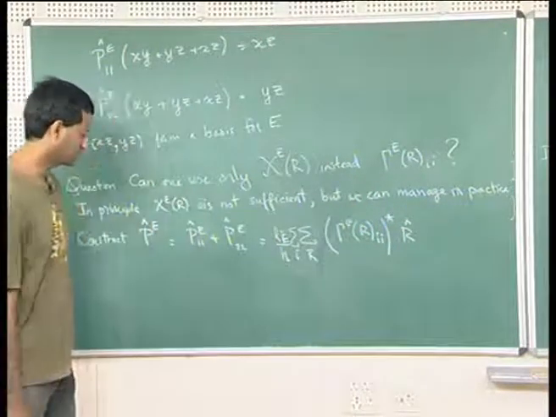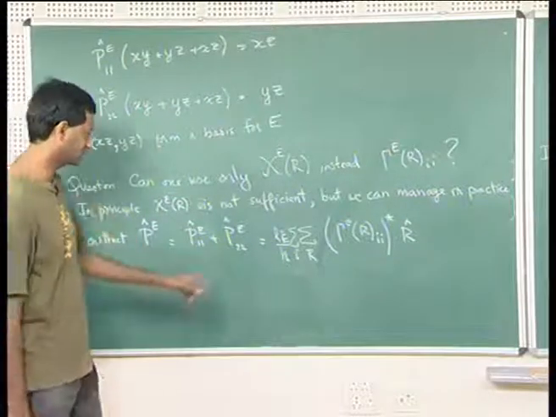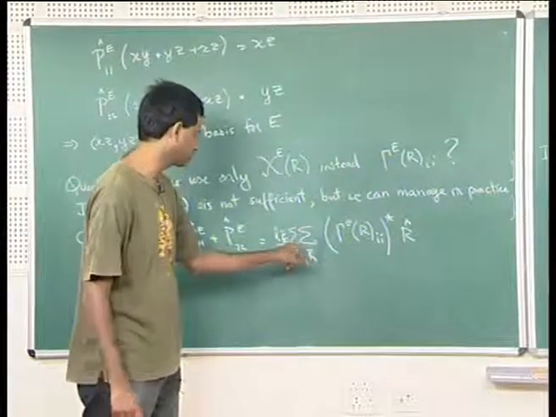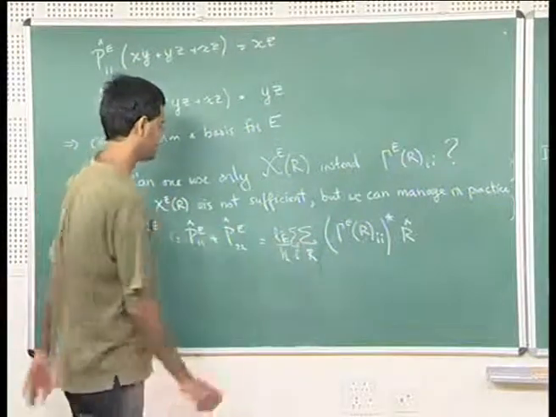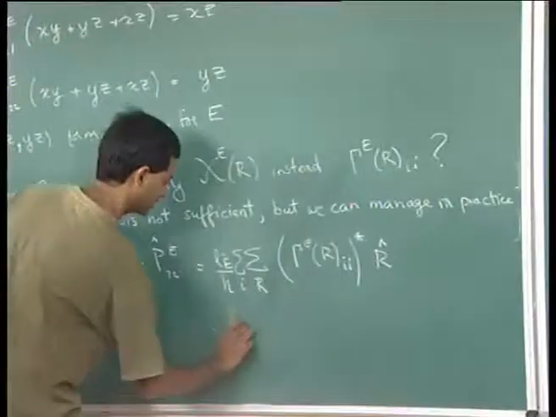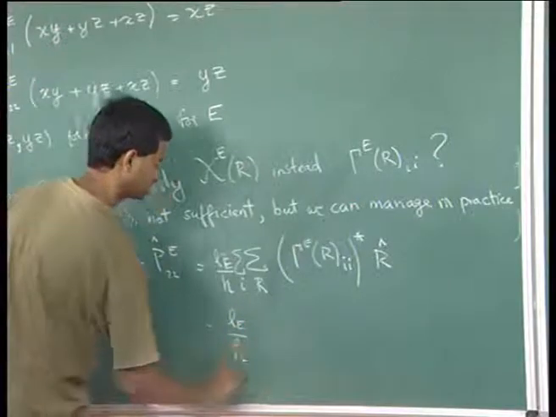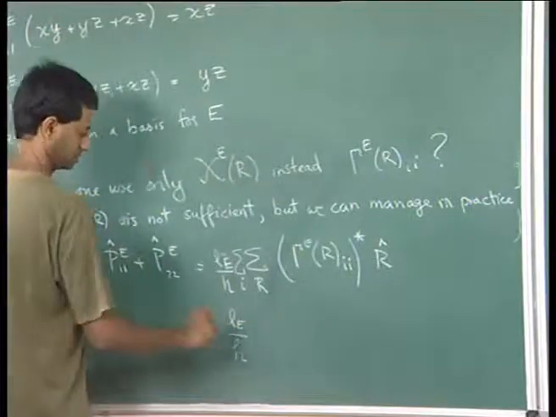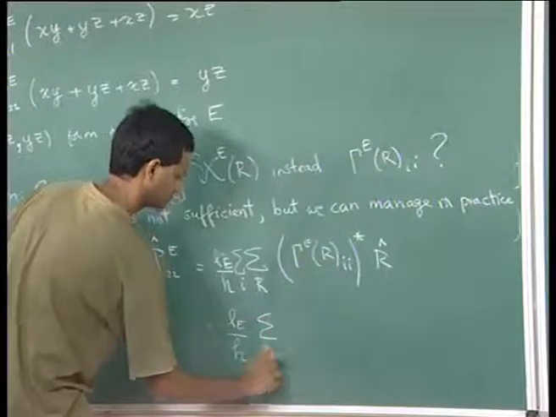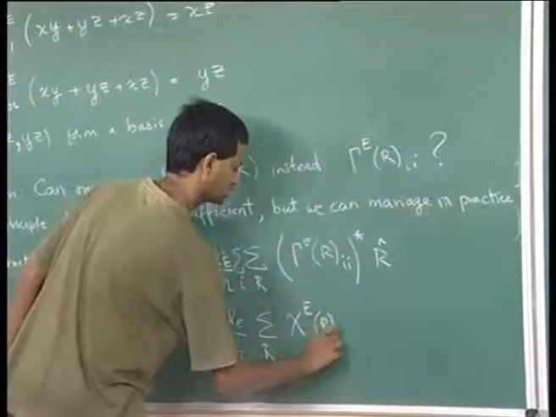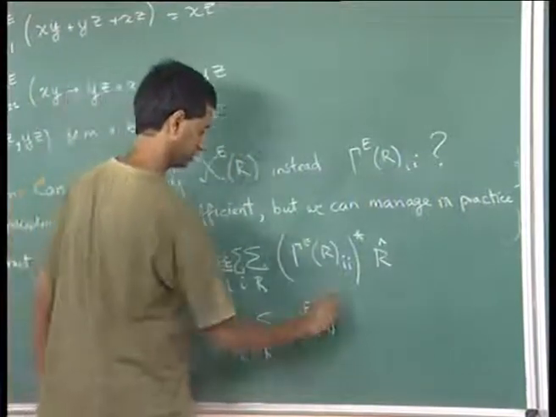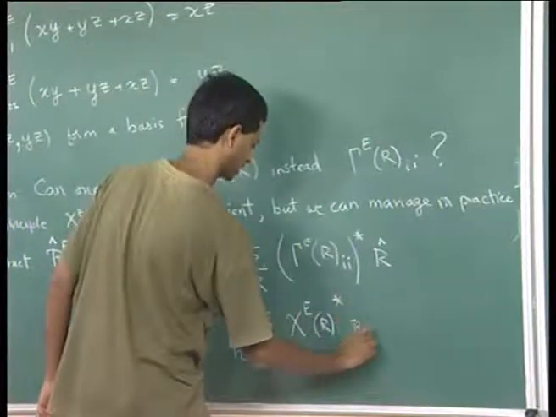And what you can do is interchange the order of the sum over i and the sum over R, and you can show that this is nothing but L_E by h, sum over R, of chi^E of R star, R hat.